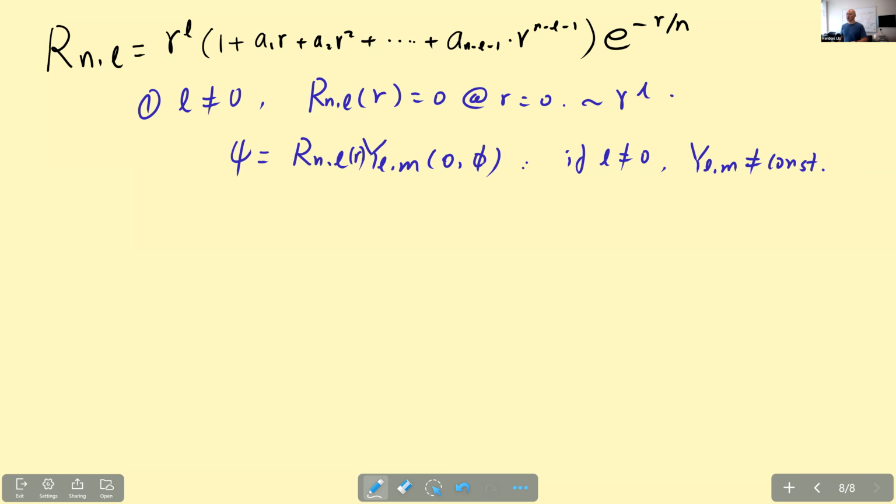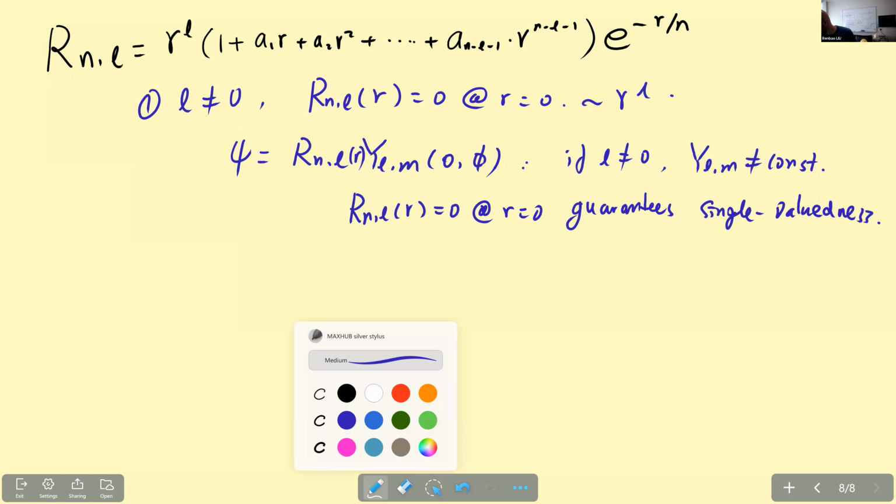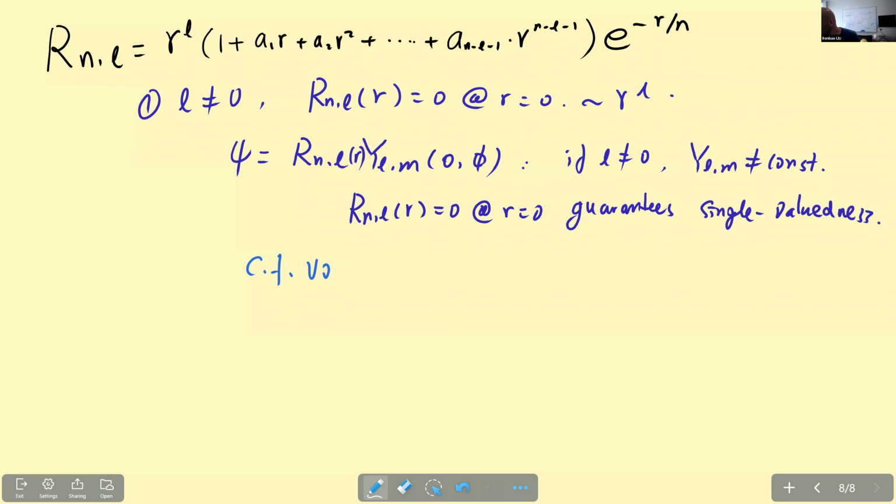So that means if this radial part is not 0, so this one equal to 0 at r equal to 0 actually guarantees the wave function is single valued, right? So this one is similar to a vortex.